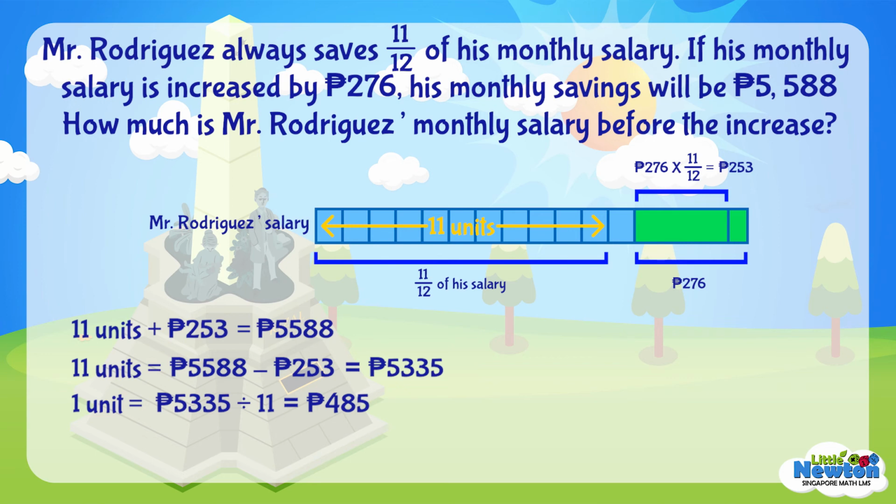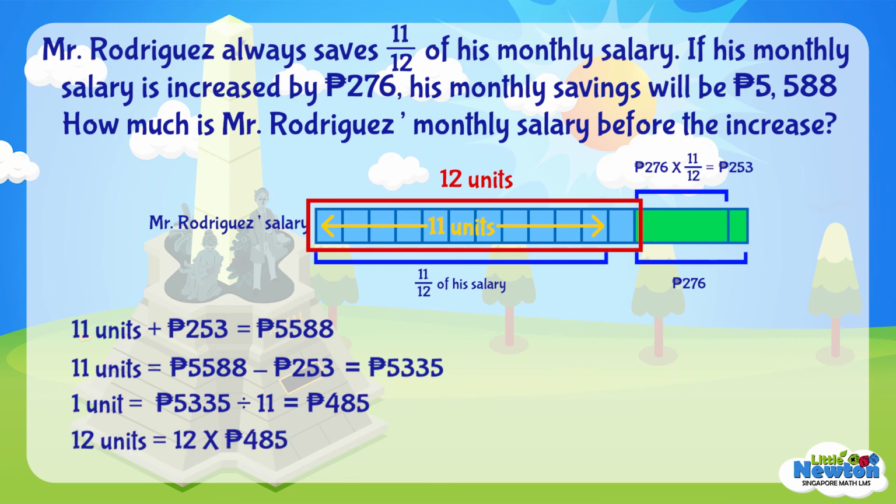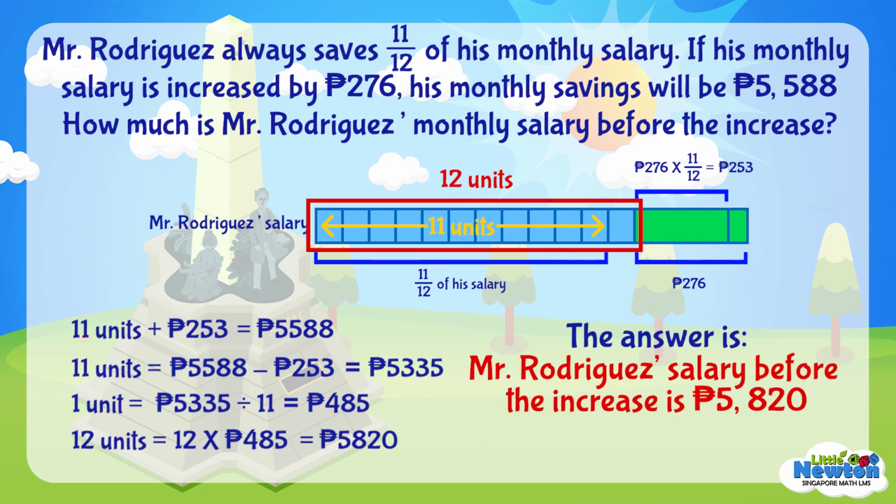Mr. Rodriguez's salary before the increase is equal to 12 units. 12 units is equal to 485 multiplied by 12 equals 5,820 pesos. Thus, Mr. Rodriguez's salary before the increase is 5,820 pesos.